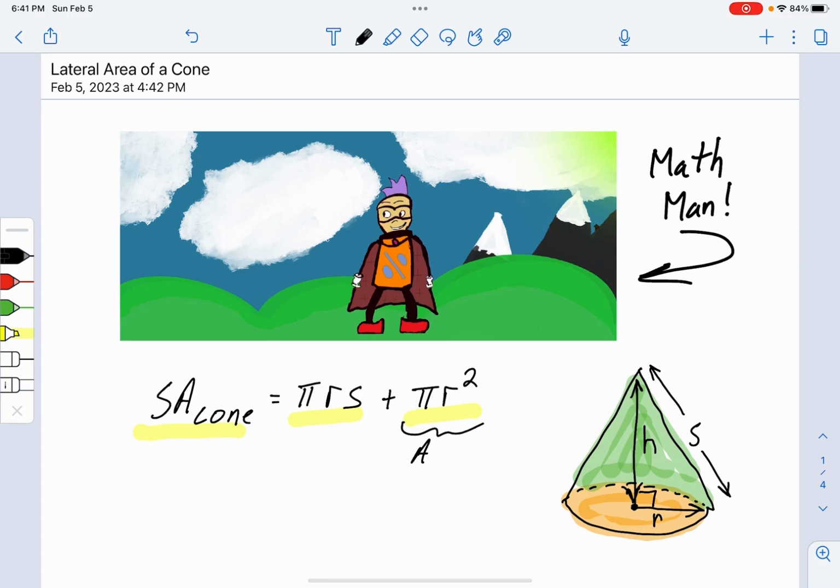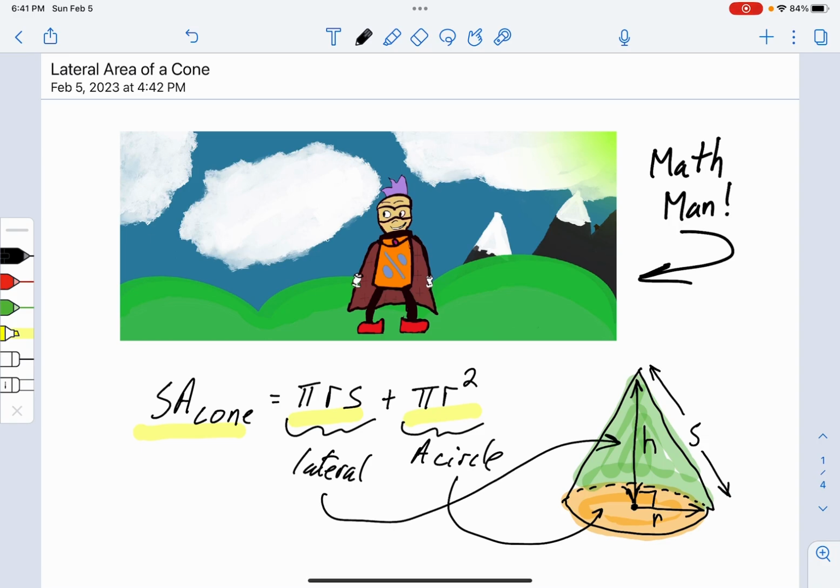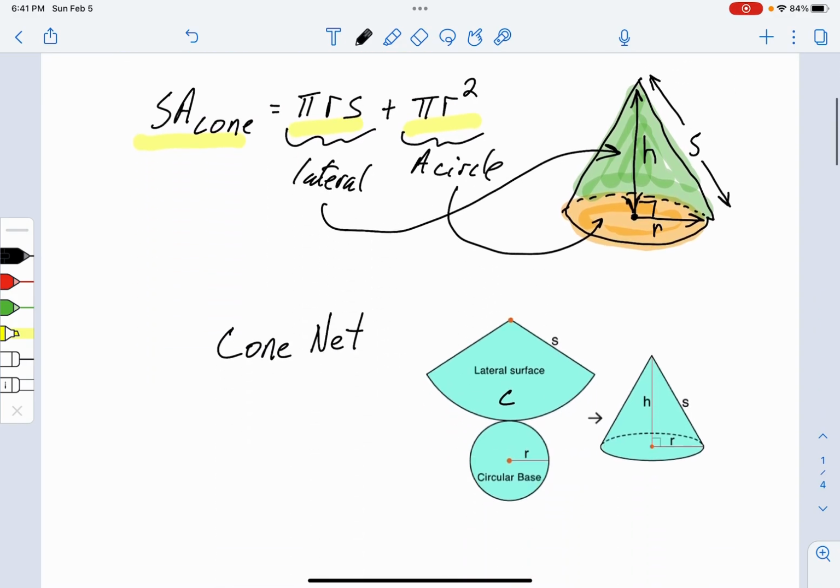It's just the area of a circle, and that's going to be the base of our cone. But the more interesting question is, where does this pi r s come from for the lateral or the side area of this cone? And that's what we're going to dig into today.